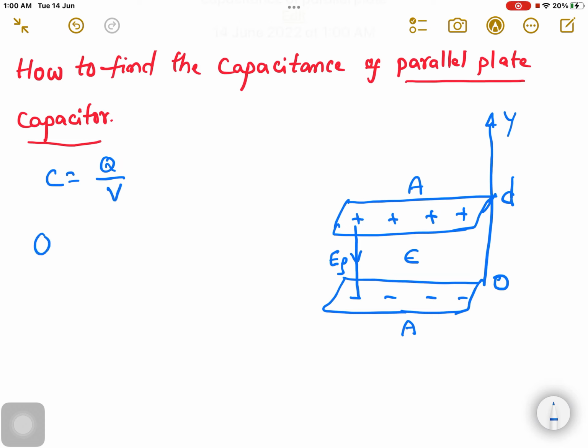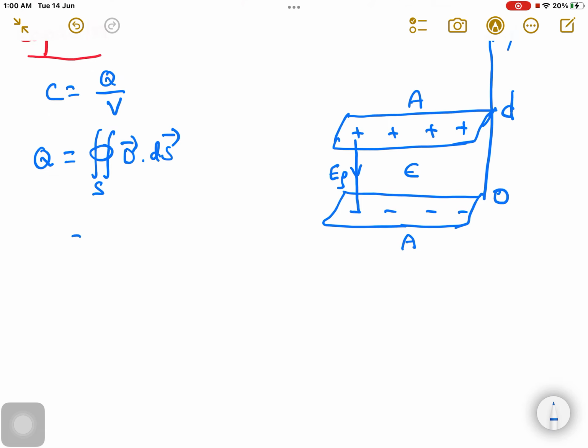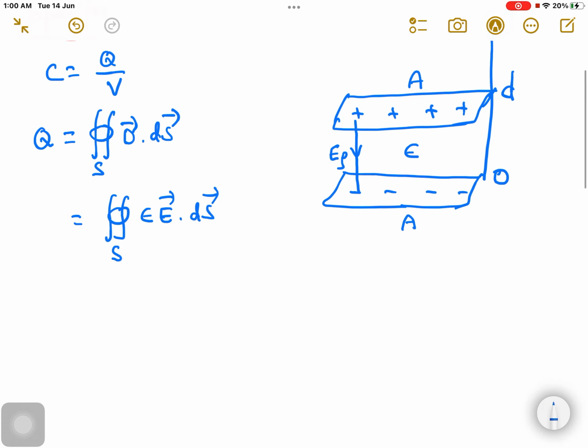Now let us find out Q. To find Q, we use Gauss law, which is given by the closed surface integral over S of D bar dot dS bar. Here you can write it as the closed surface integral over S, and in place of D bar we have epsilon E bar. Then, instead of the total E bar, let us consider only the E rho component between one positive charge and one negative charge, dot dS bar.